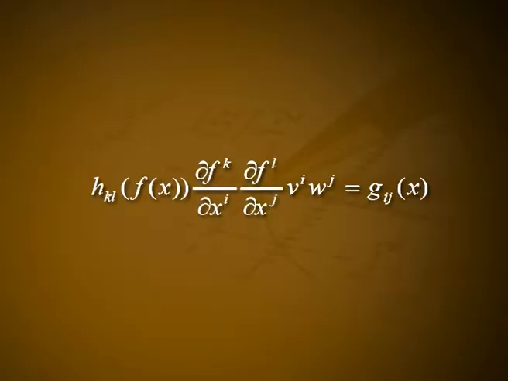And since this holds for all tangent vectors v, w, hkl(f(x)) ∂fk/∂xi ∂fl/∂xj = gij(x), and this formula gives the transformation behavior of a metric under coordinate changes.